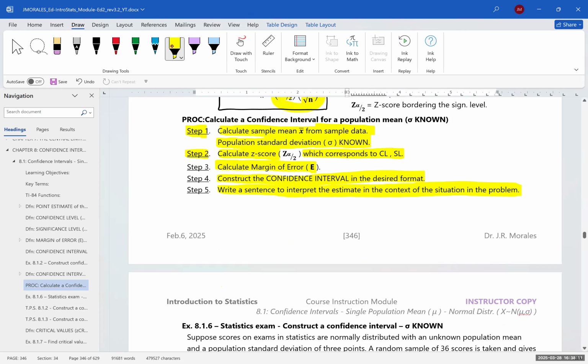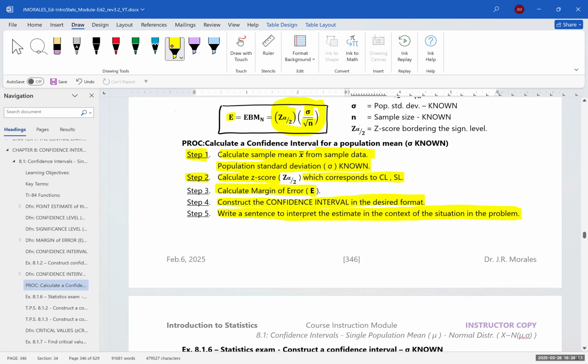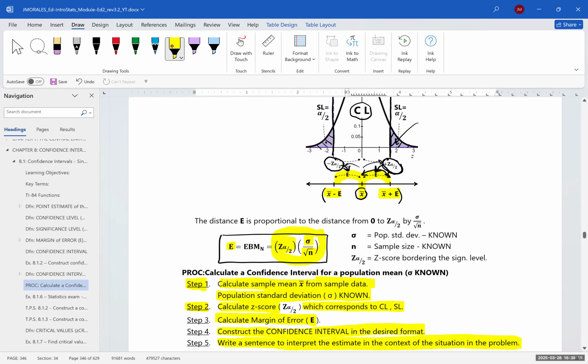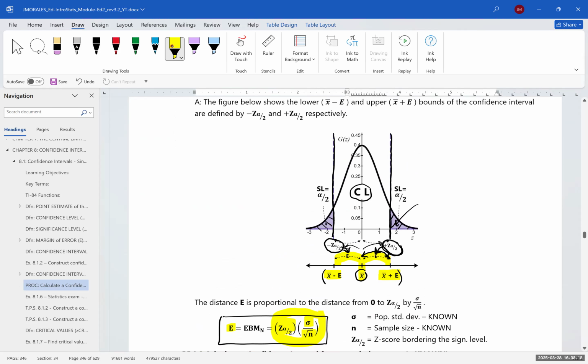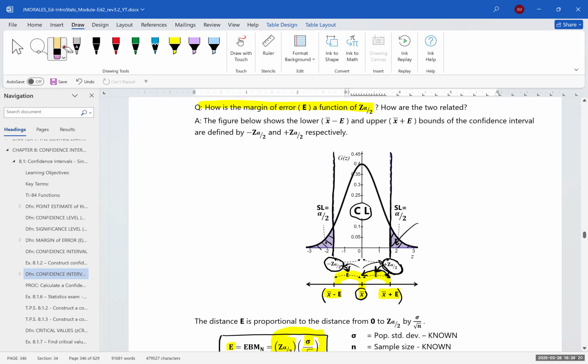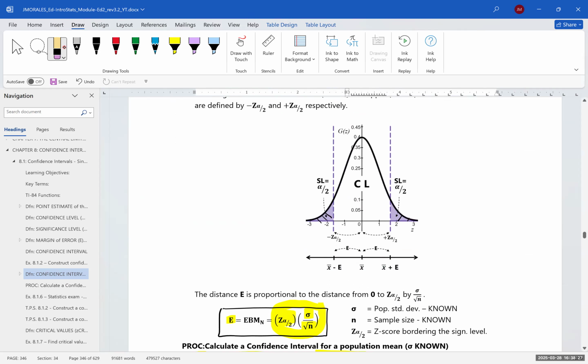Okay. So let me record the example as a separate video. But the main take home here is to see that error and the Z alpha 2 score, which is the critical value, which borders the confidence level and the significance level, how those two are related.